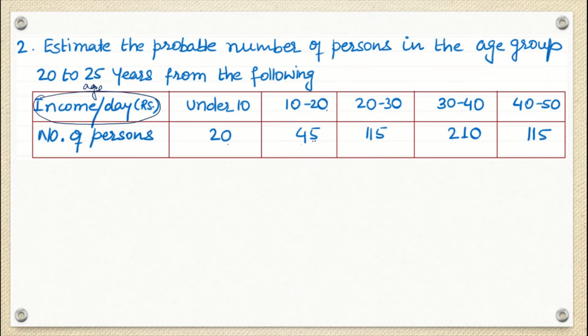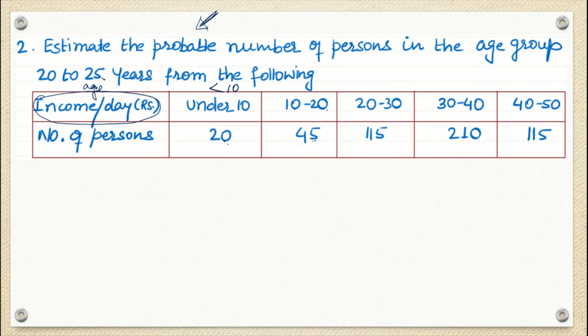So the same way we have to solve here. The age is less than 10, then the number of persons is 20. The same method we are going to follow, because we have to make the table in the same way the question is asked. If we analyze what the question demands, they want us to know the number of persons in the age group 20 to 25.